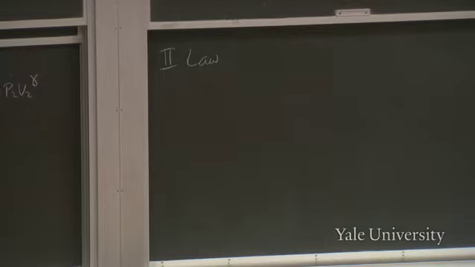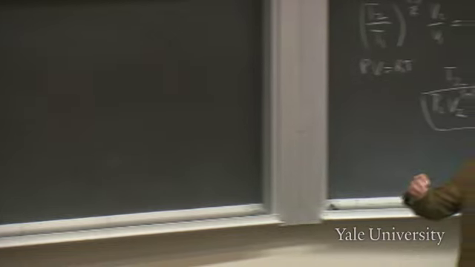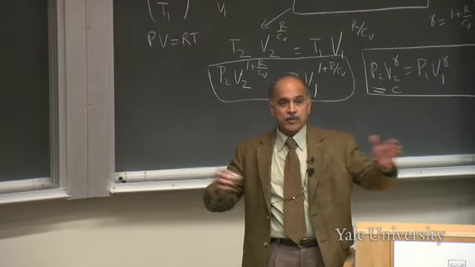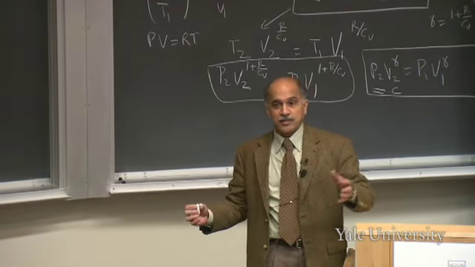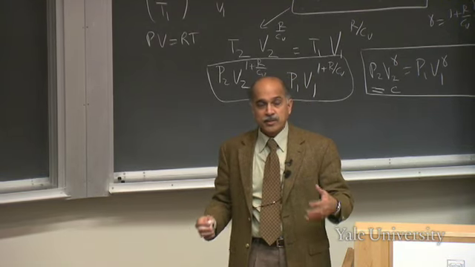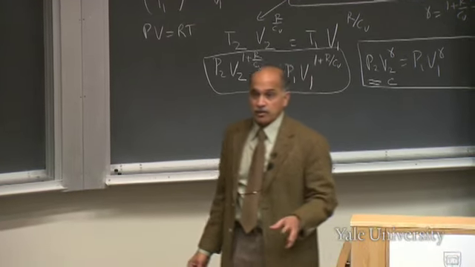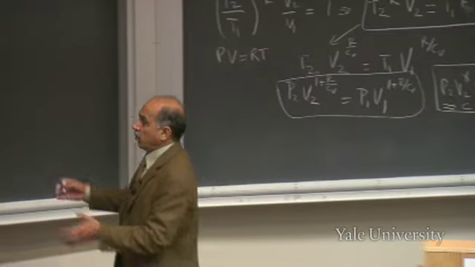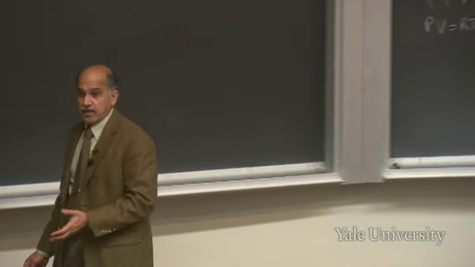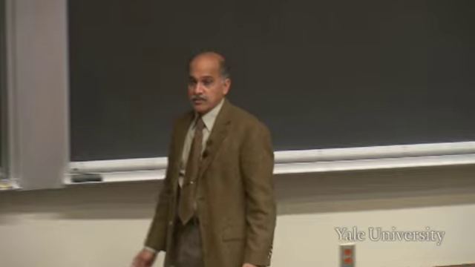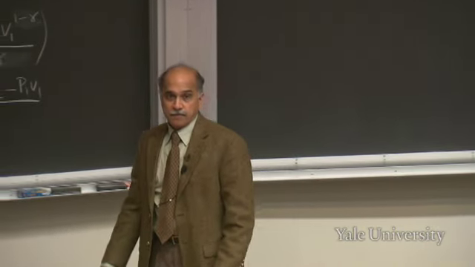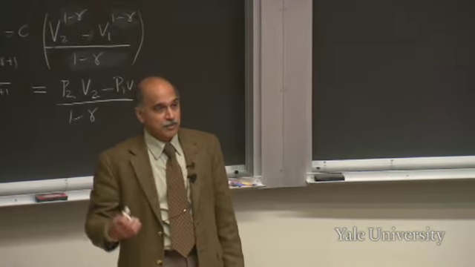You should be able to be given various graphs in the PV plane, find the work done in going from here to there, find the change in internal energy, find the heat added, and so on. I hope you can do such problems. But they're all going to be one of these formulas: either adiabatic or constant pressure or constant temperature. So you just plug the numbers in and keep track of the signs by using common sense.